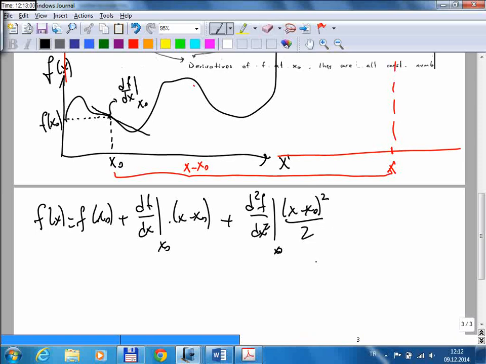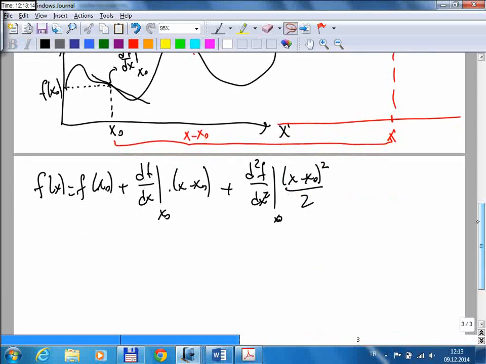now this is a second order polynomial in x because I have this x squared term here, and every time I add a term to this Taylor series, it increases the degree of the polynomial. So if you just use one term, this is a constant number, so it's a zeroth order polynomial.